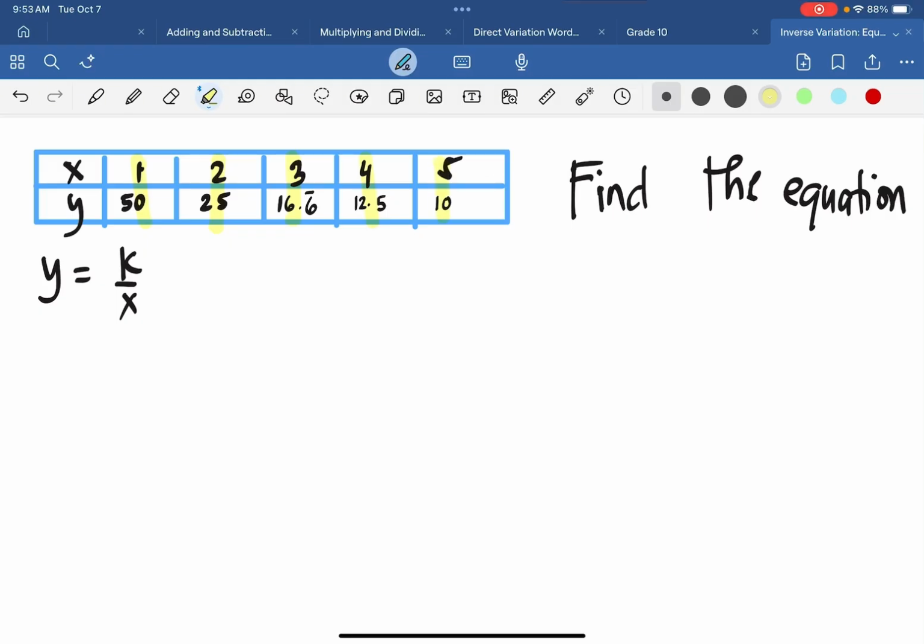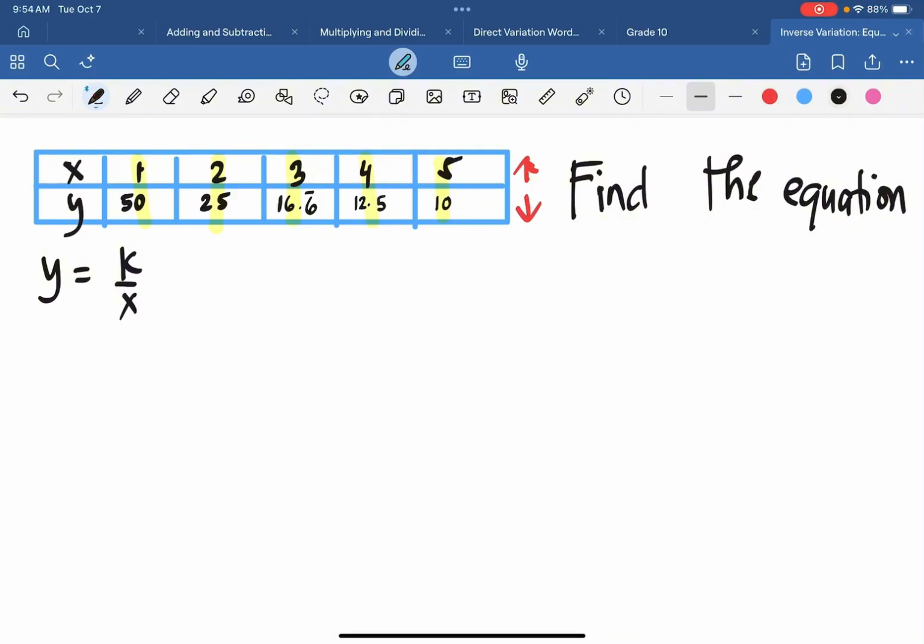We are sure that this is an inverse relation by just looking at it, because the value of x, from 1 to 5, is going up, and the values of y are going down from 50 to 10.